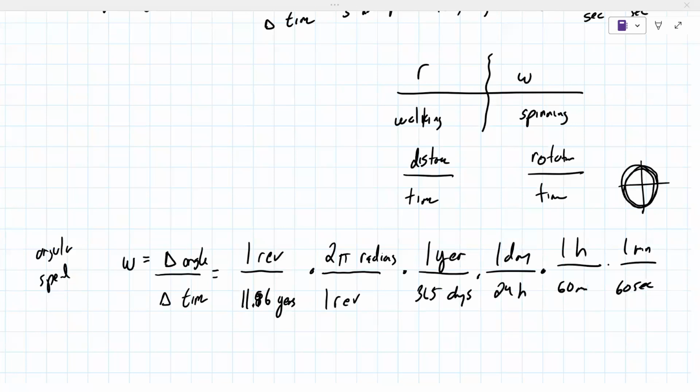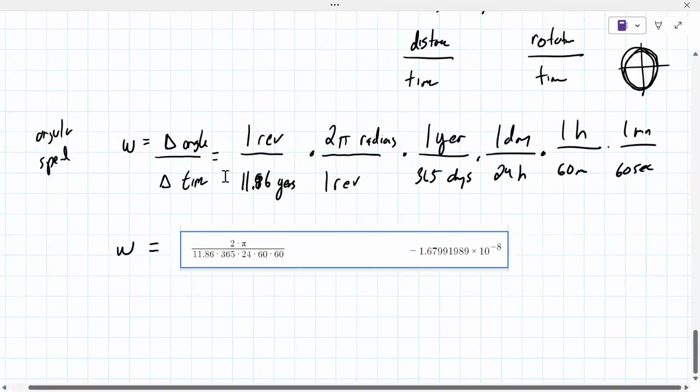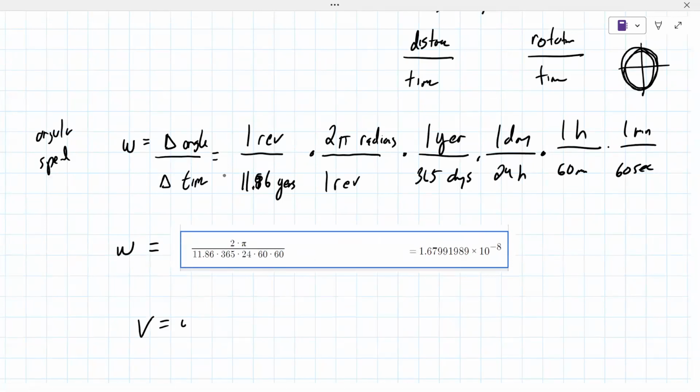That's this calculation here. This is W. So now once you have W, to find V, I need W times R. You take the number you just found times the R value, 483,800,000.